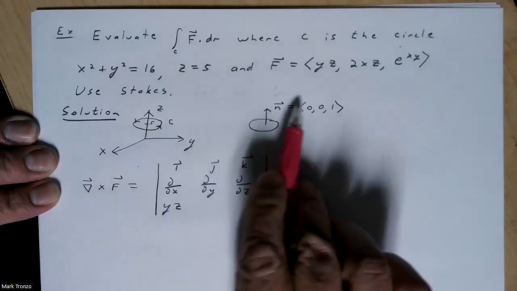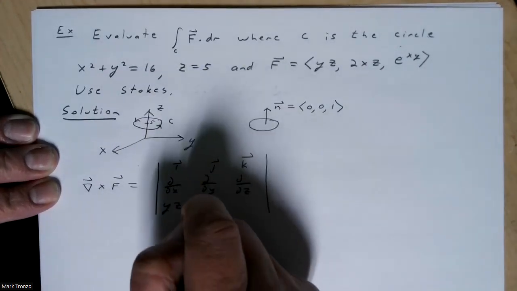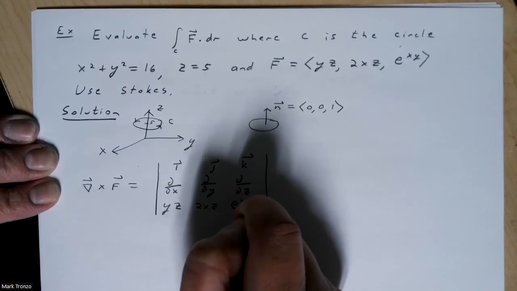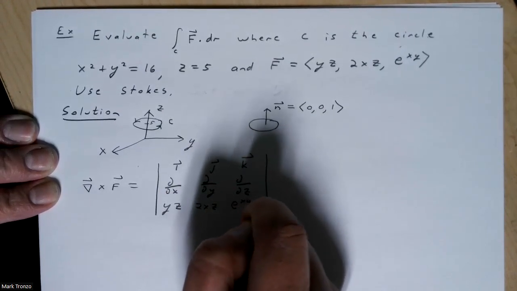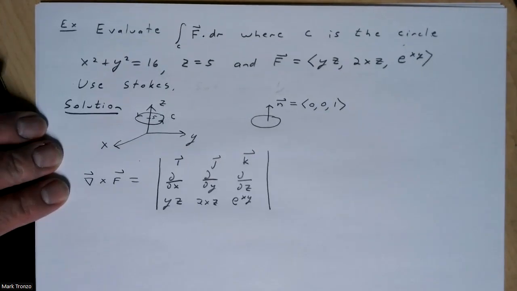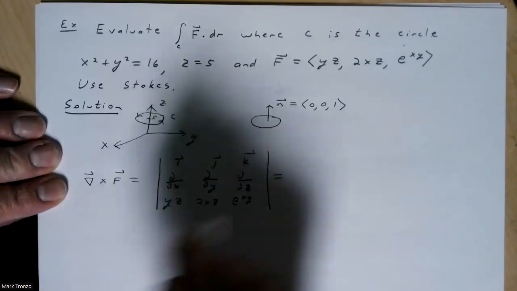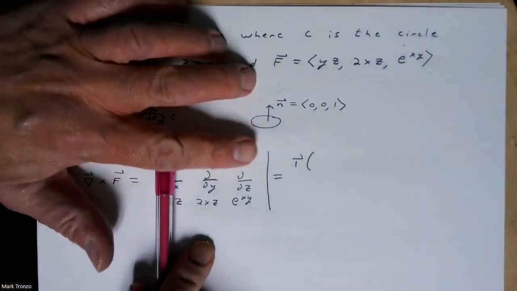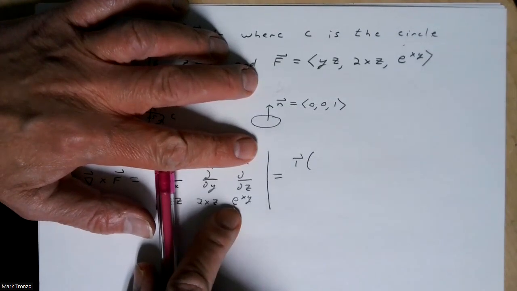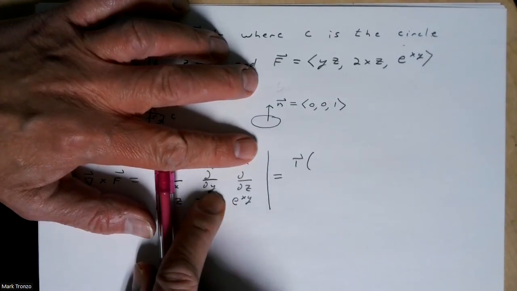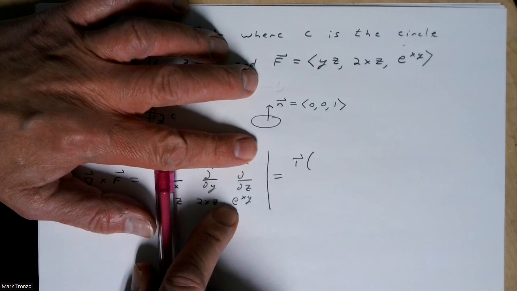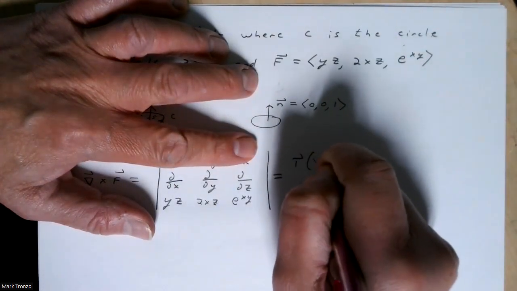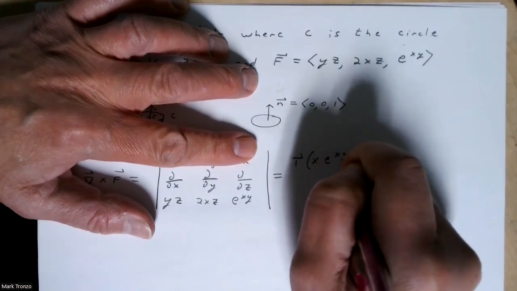And of course, put your vector field down here, like this. And then do the curl. Again, that'll be derivative of this with respect to y, which is going to be x e to the xy.